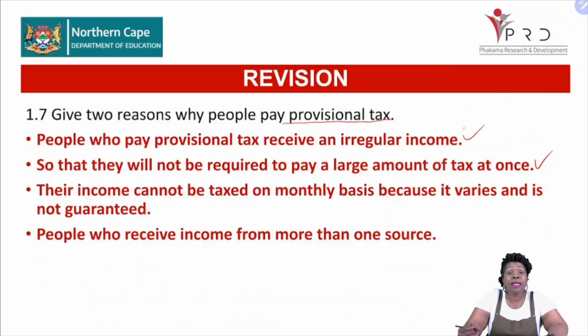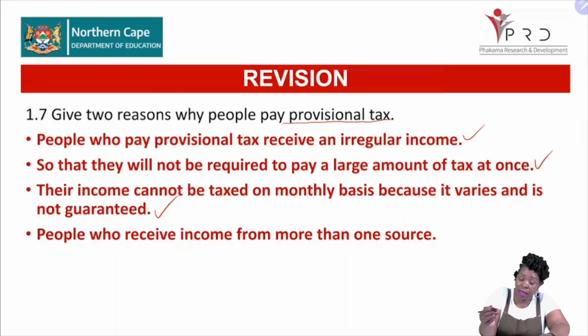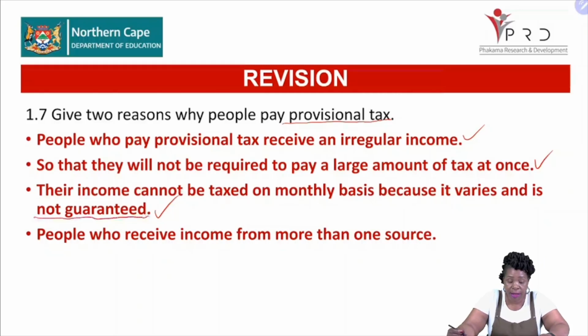Also, their income cannot be taxed on a monthly basis because it varies and is not guaranteed. Remember, sometimes when there is drought, farmers end up not harvesting anything. So that's why we are saying their income is not guaranteed, right?